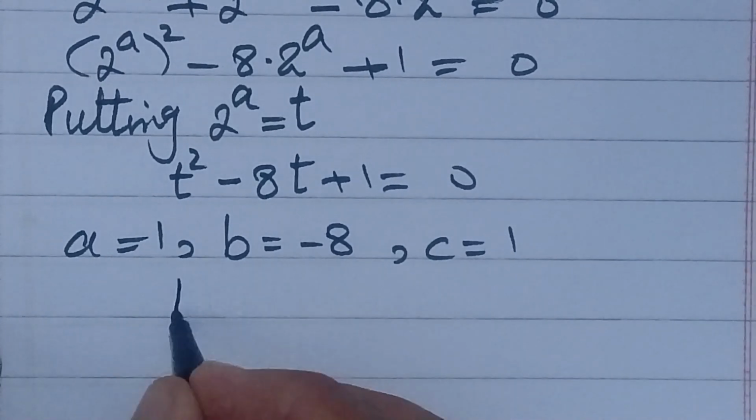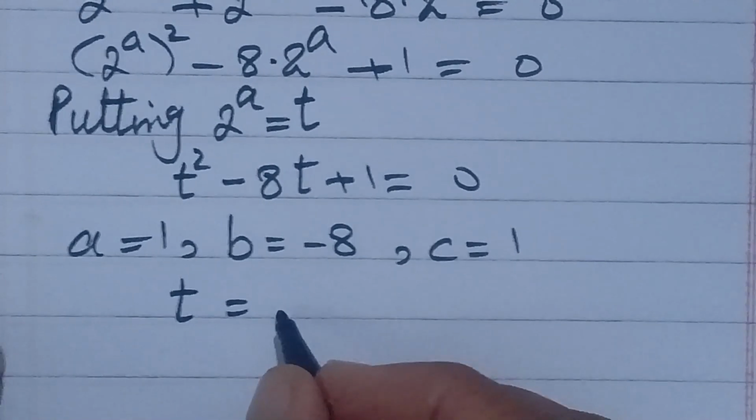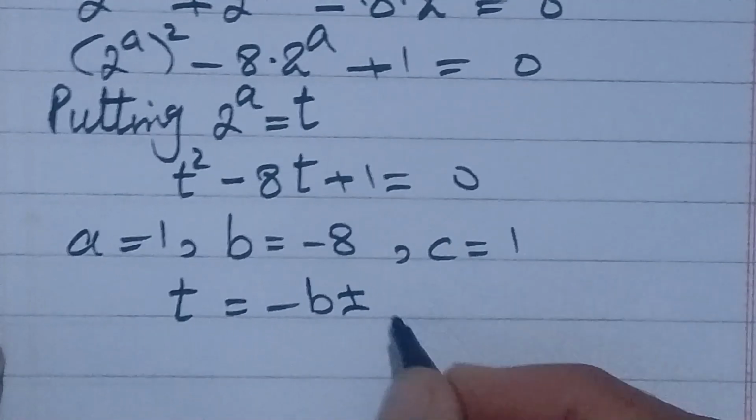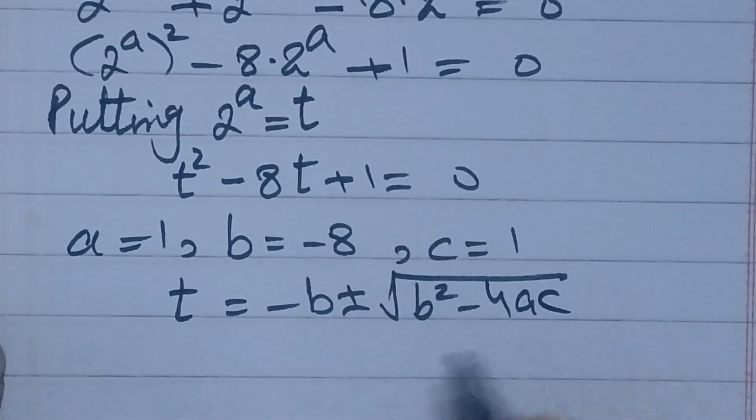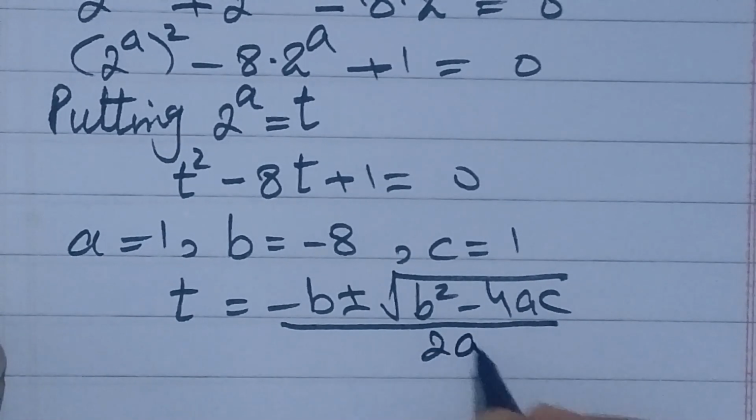Now t is equal to minus b plus minus under root b square minus 4ac over 2a.